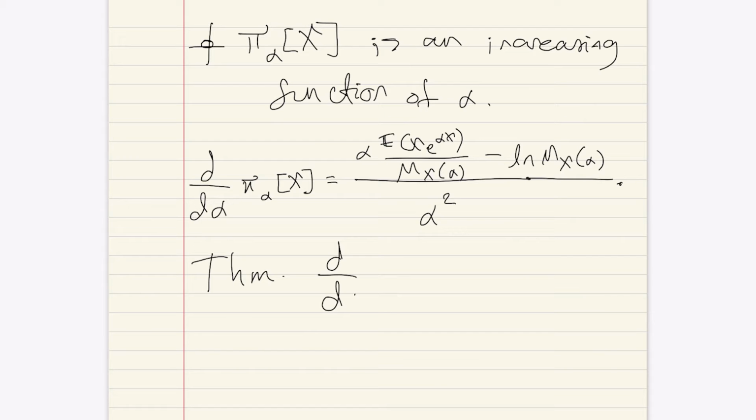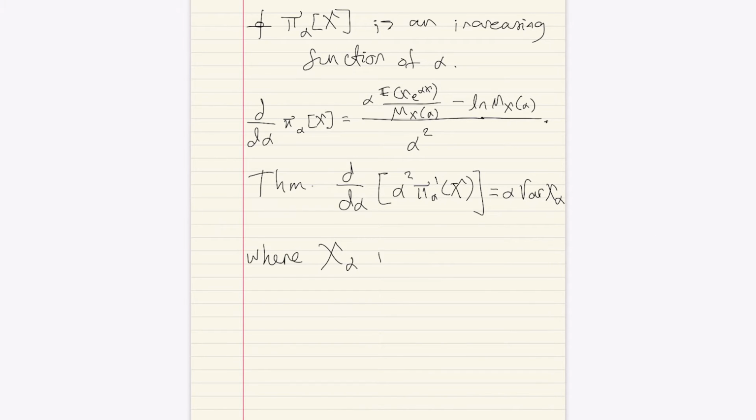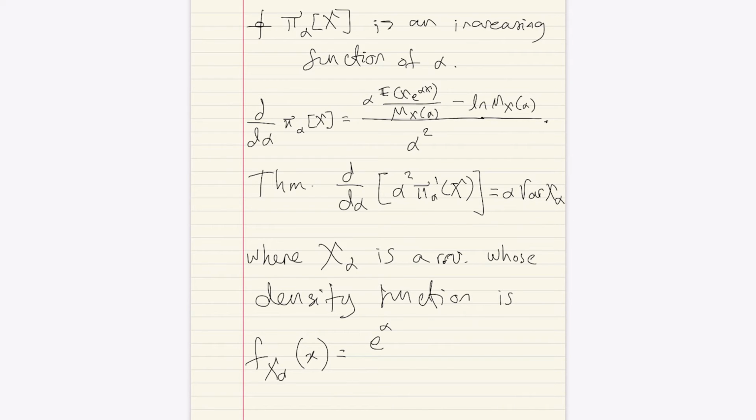The derivative with respect to alpha of alpha squared times the derivative with respect to alpha of the exponential premium equals alpha times the variance of the so-called Escher transform of the random variable X, where this X_α is a random variable whose density function is given by the exponential of alpha times x times the density function of the random variable X evaluated at x, divided by the moment generating function of X evaluated at alpha.